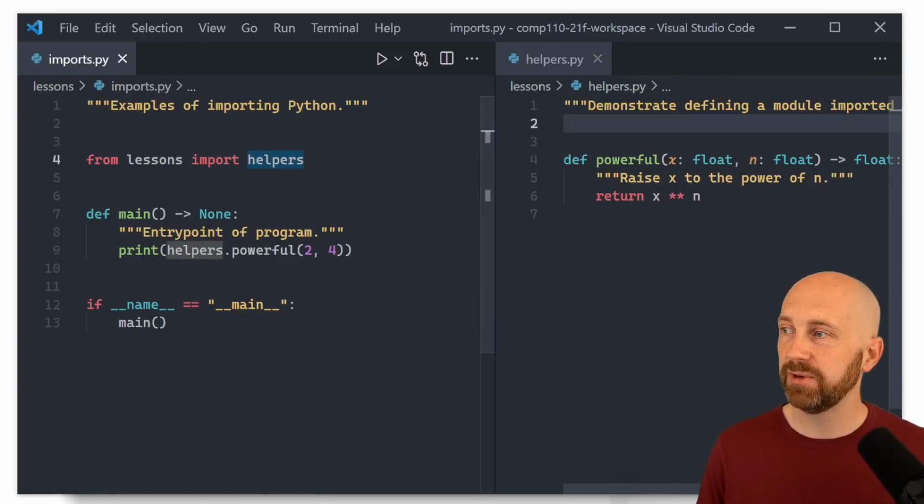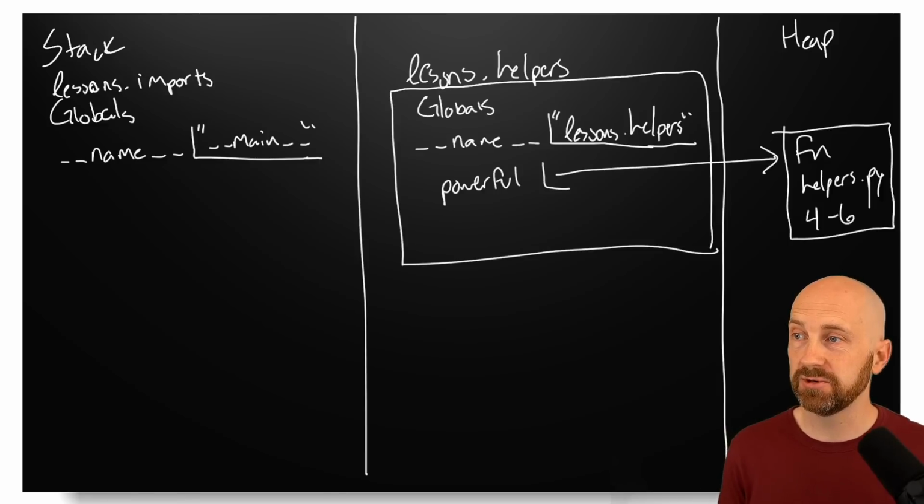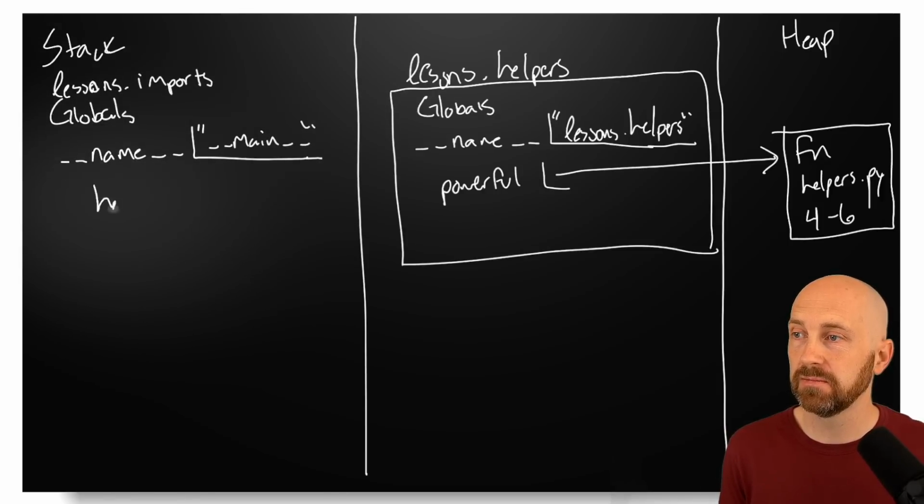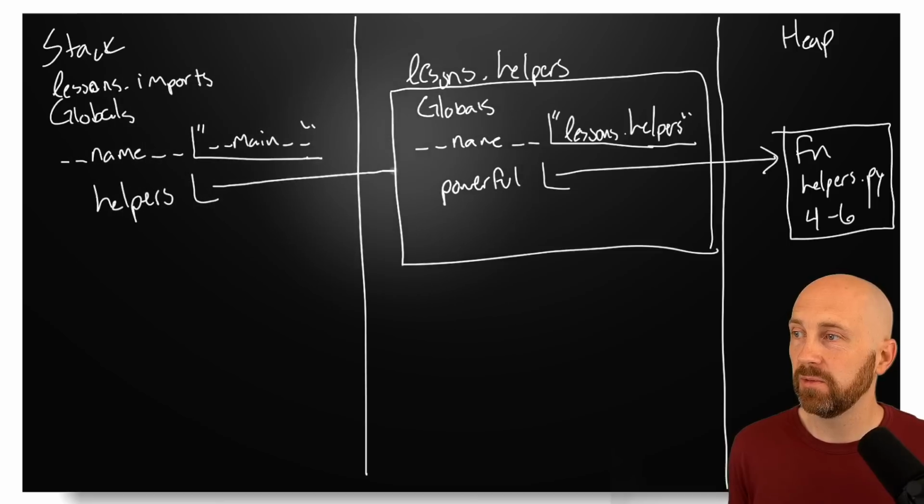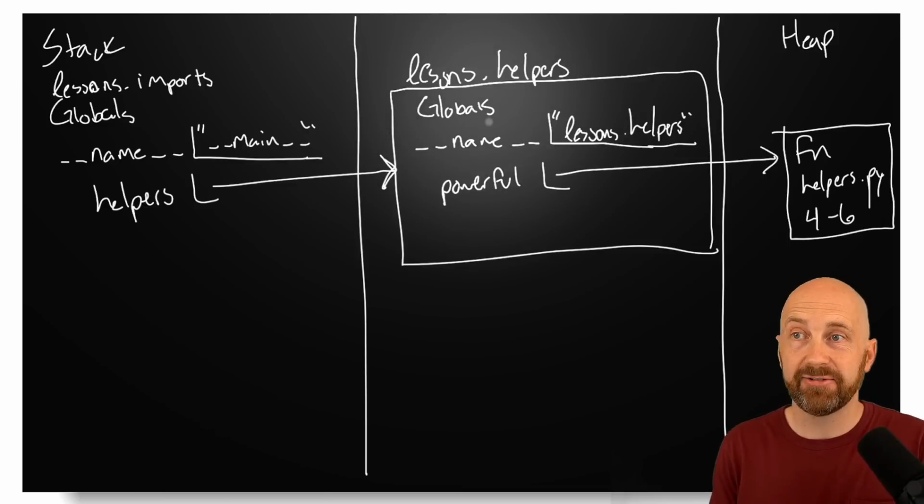So what happens after we completed the evaluation of this particular file? Well, now the name helpers in the scope that we were importing in, that was our global scope, is going to be bound to whatever was defined in the globals frame after fully evaluating our imported module.